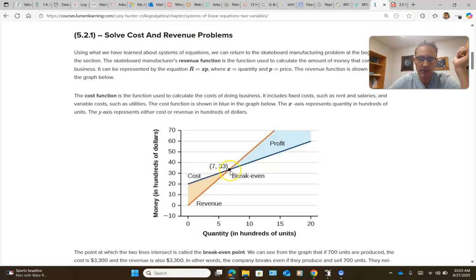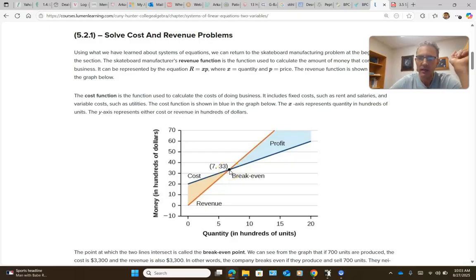And so here you could see that, whatever we're talking about, we need to sell 7 to be able to make 33. This says hundreds of dollars, so that would be like $3,300. And this point at which those two functions cross, this point that would solve that system of equations, is the break-even point.